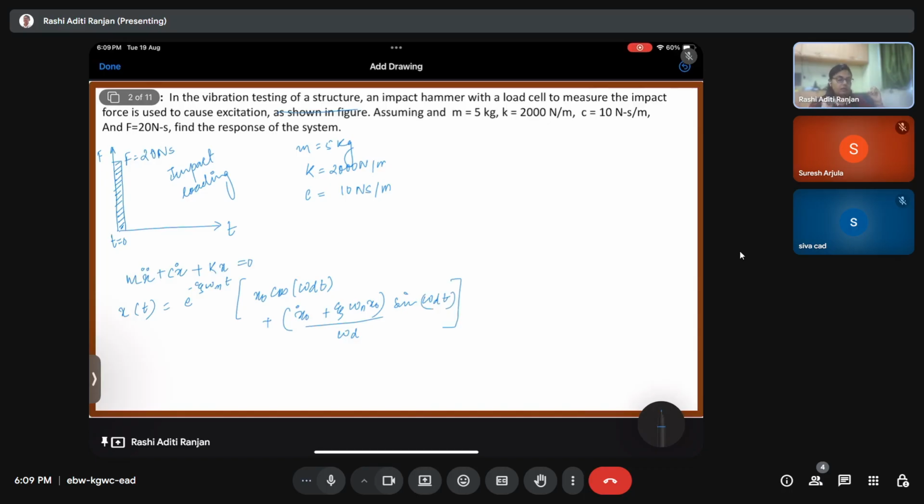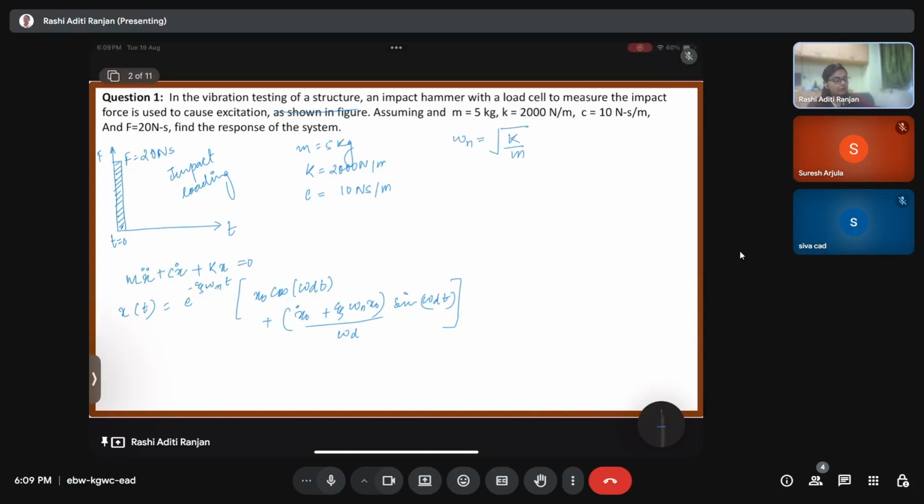Here we don't have m, c or k because we transform it into a form where we use eta and omega n. If you remember, omega n equals under root of k by m.